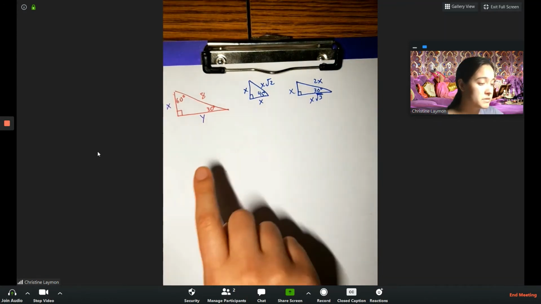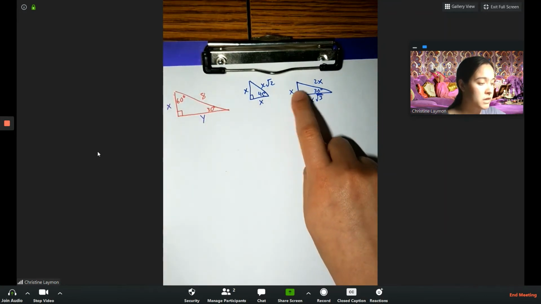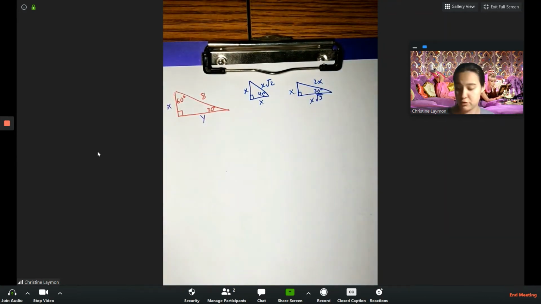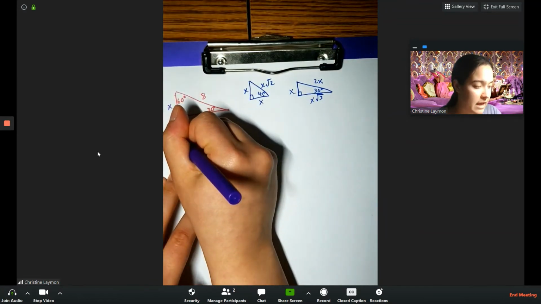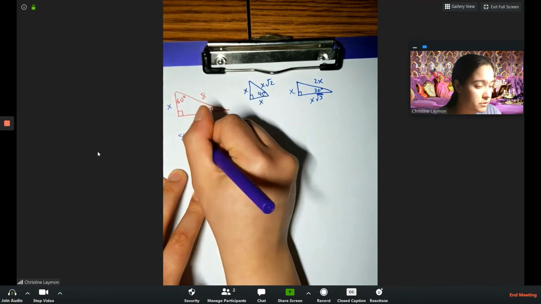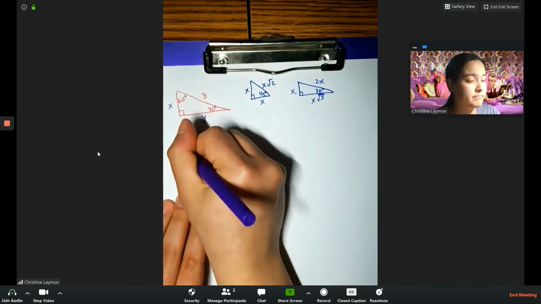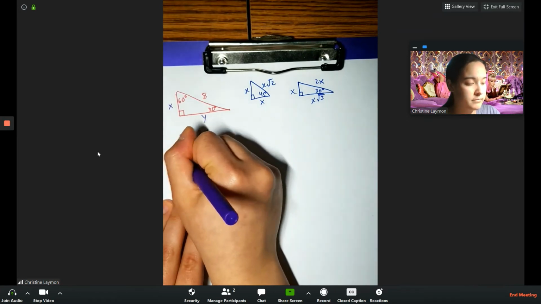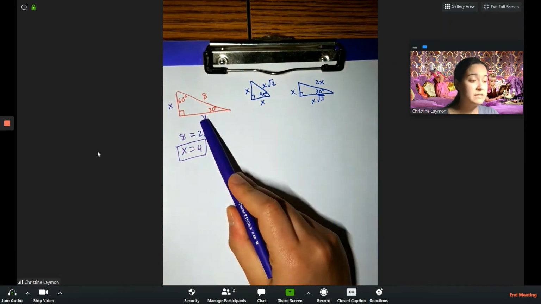So what we know is that to get from the shortest side to the hypotenuse, we've got to multiply by 2. So what we're looking at here is that 8 equals 2x, which means that x is 4. Okay, x is 4. All right, well, to find y, y is the medium length side.